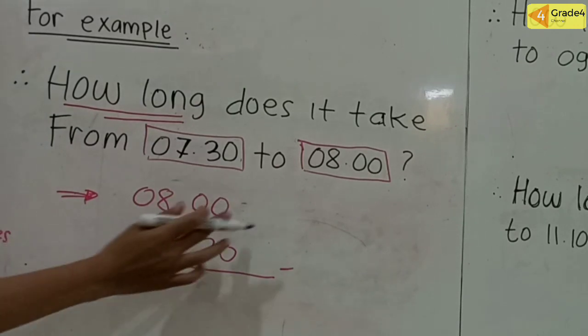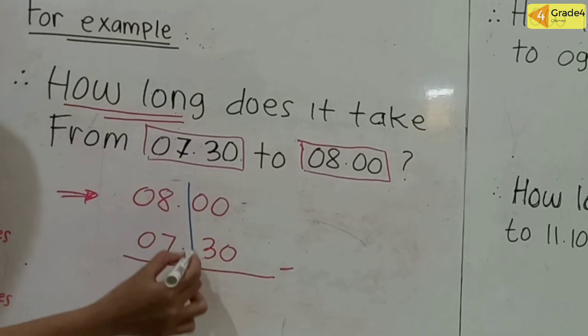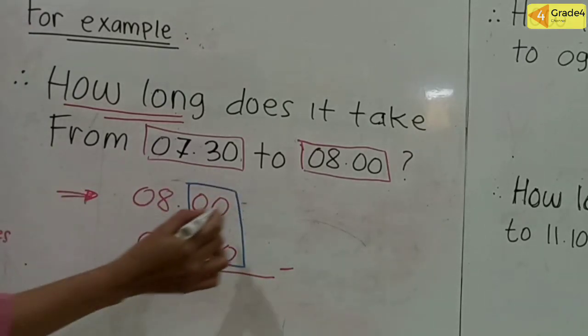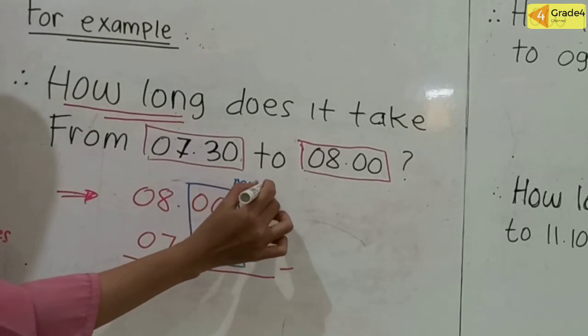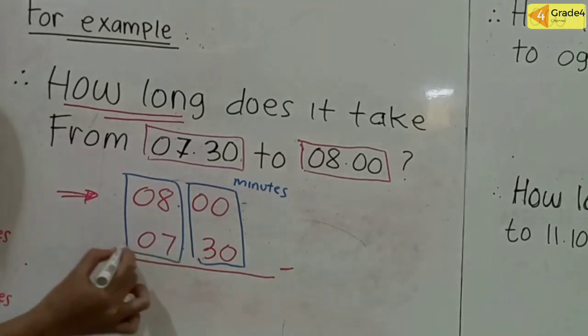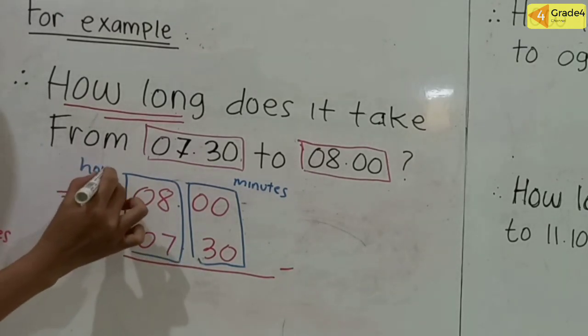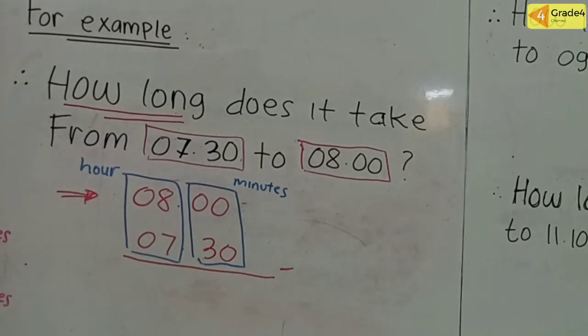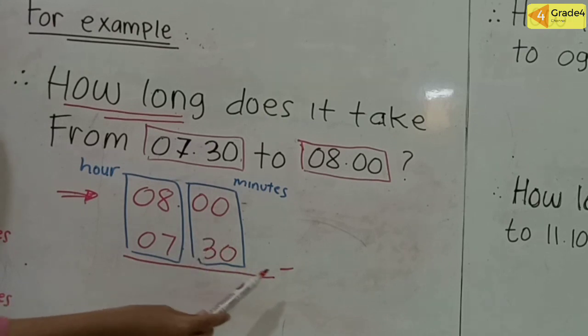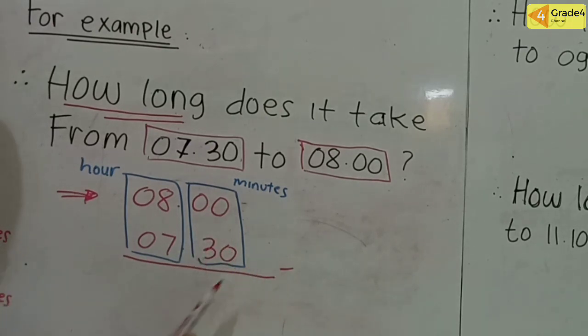You must remember that the 2 digits here show the minutes, and the 2 digits here show the hours. So we calculate 00 minus 30. It cannot, right?